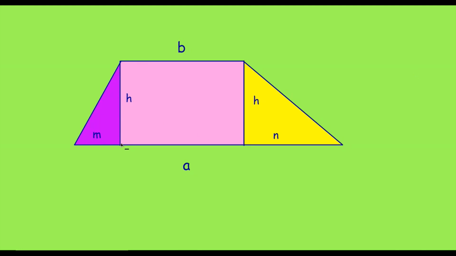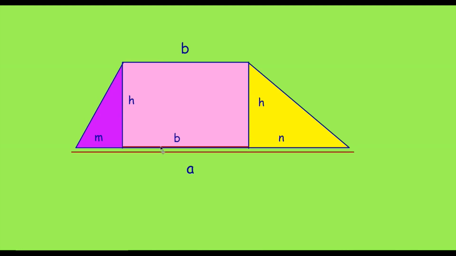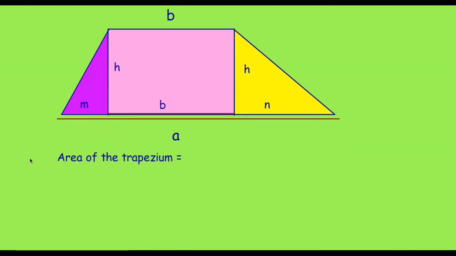Now what about the length of this rectangle? The whole length we can take as a, but this length is equivalent to b, so here we can take the length of this rectangle as b. Now let us find the areas of all these figures. Area of the trapezium is equal to the area of these two triangles first.